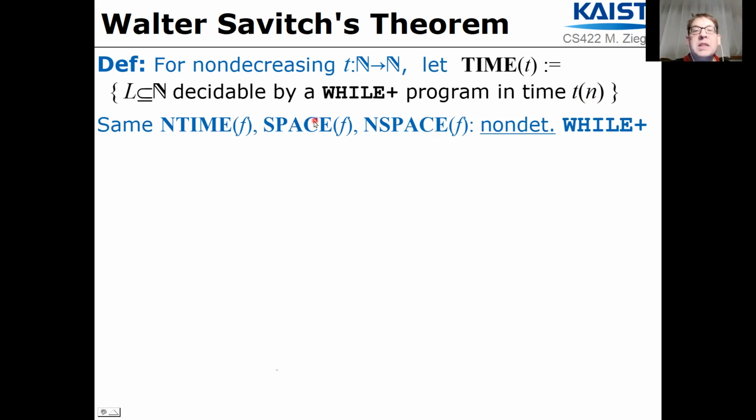And similarly, SPACE of f means that the algorithm uses at most f of n bits of memory during the computation for every input of binary length n. And similarly, non-deterministic space, meaning a non-deterministic while plus program running in that amount of memory, regardless of the non-deterministic guesses.